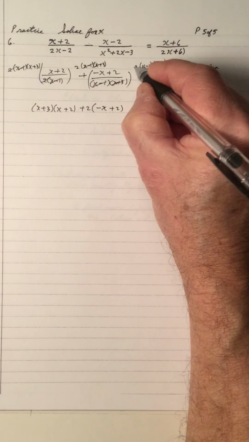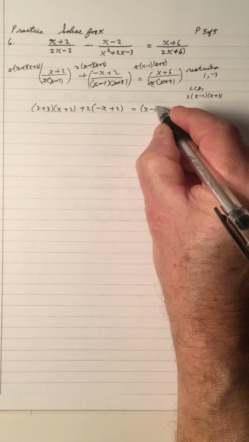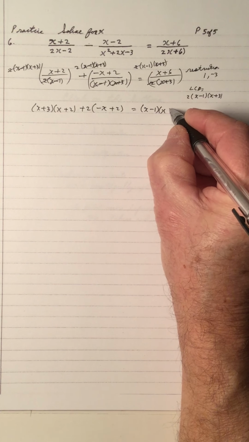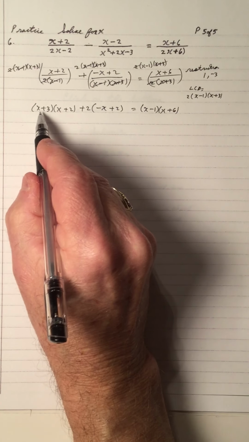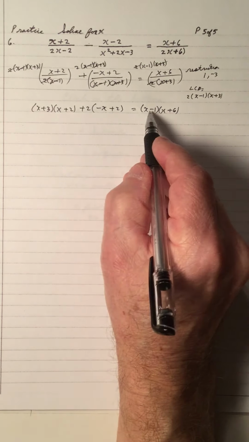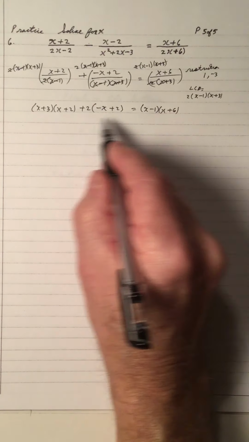The 2 cancels, and the x plus 3 cancels. I get an x minus 1 times x plus 6. So notice when I cancel them out, be careful. This is why I'm writing this down again. So after I get this all canceled, I can see the expressions that I have to multiply.